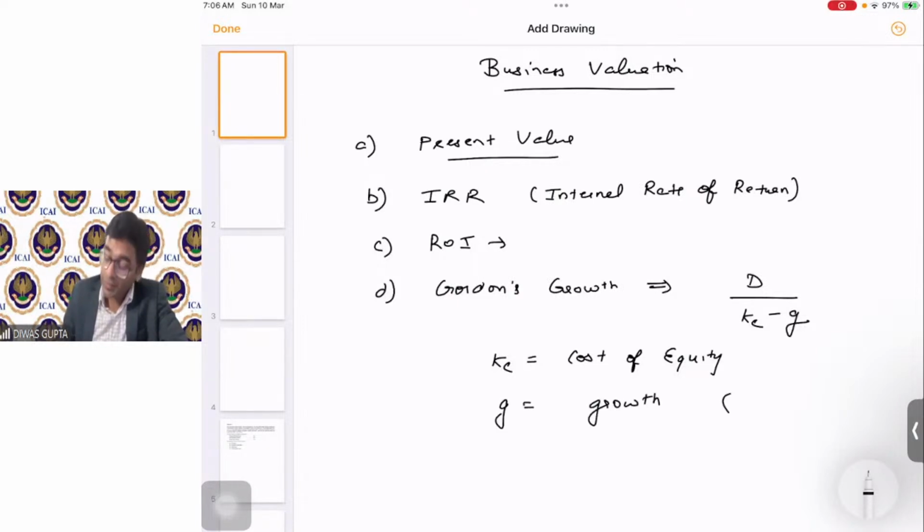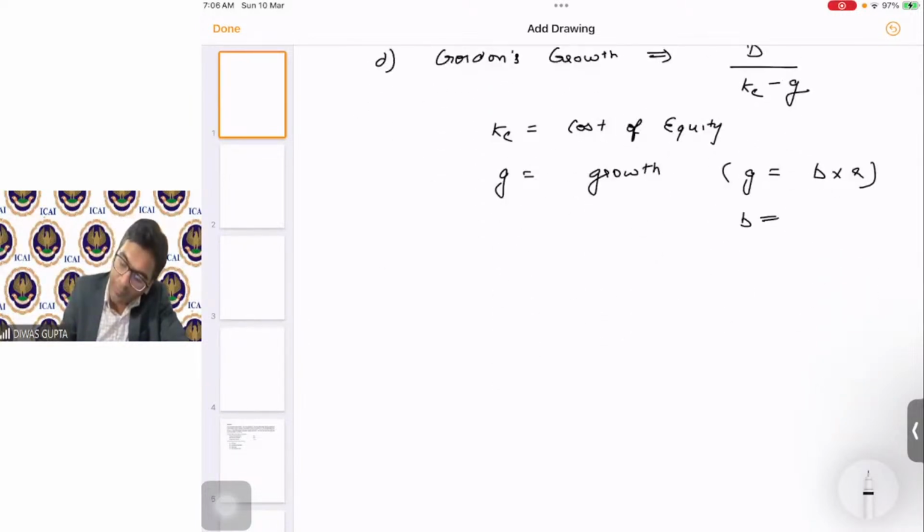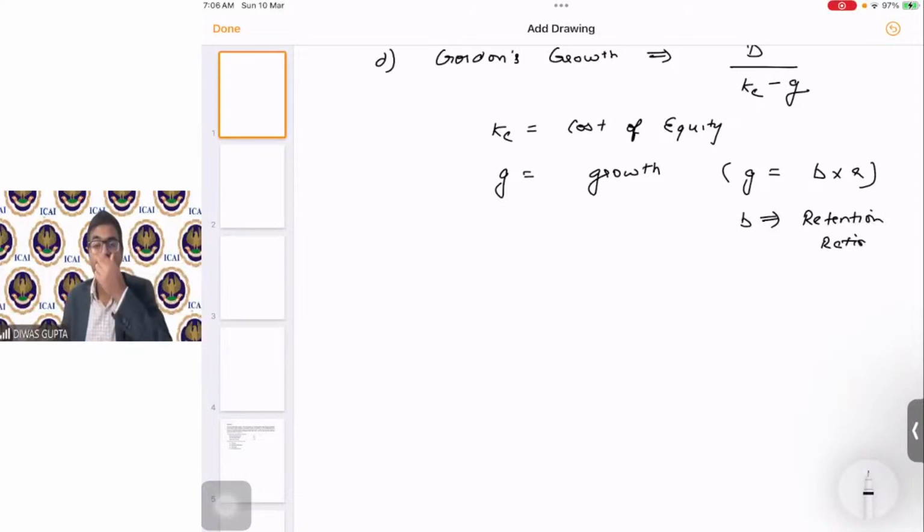Growth, how was it calculated? Growth is equal to B into R. B was the retention ratio. Whatever you earn, how much you retain. Because you will grow on that amount which you retain. Whatever you have paid off as a dividend will not be counted for growth.